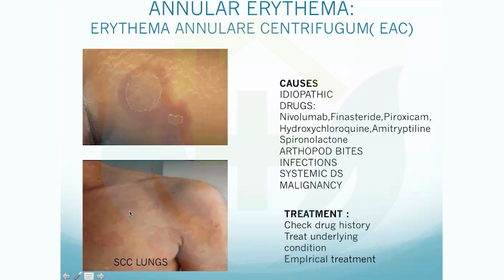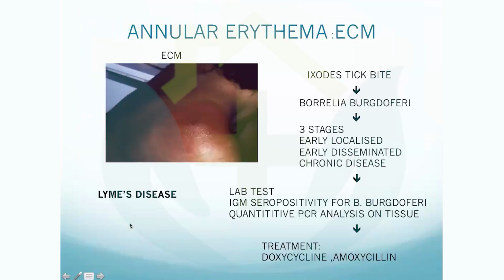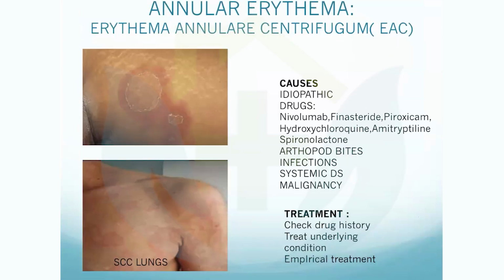Many such patients have been reported. So whenever you see such patients, look for underlying malignancy, especially in elderly patients, like lymphoma and leukemia; it's more common in women. The proposed mechanism is that the underlying malignant condition leads to formation of cytokines or antigens that stimulate these cutaneous eruptions like erythema annulare centrifugum.